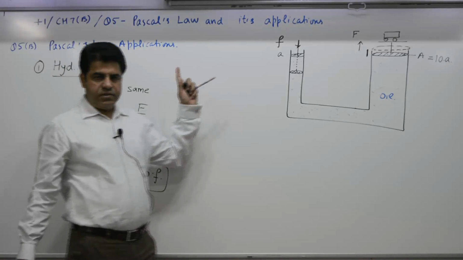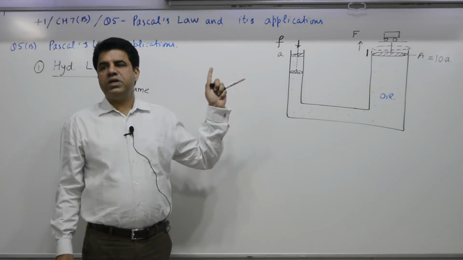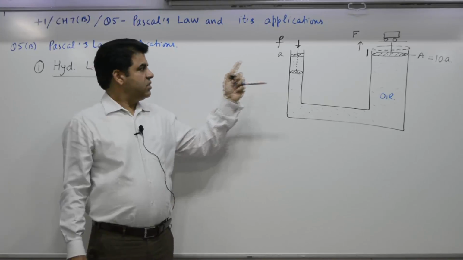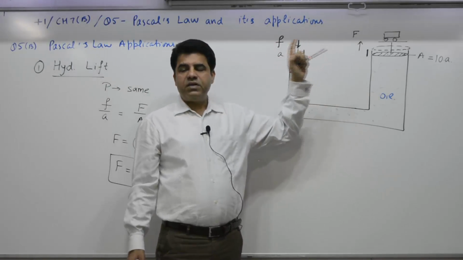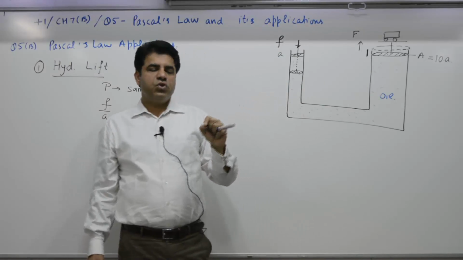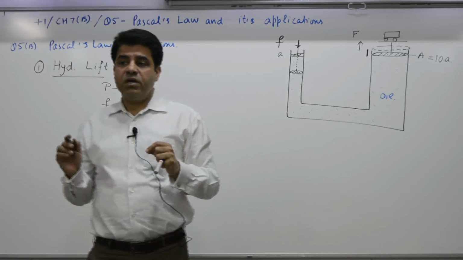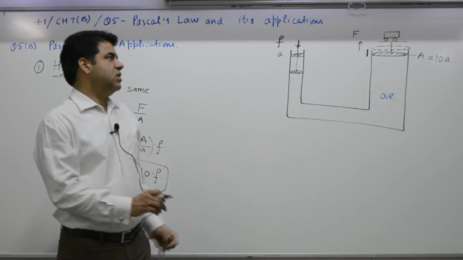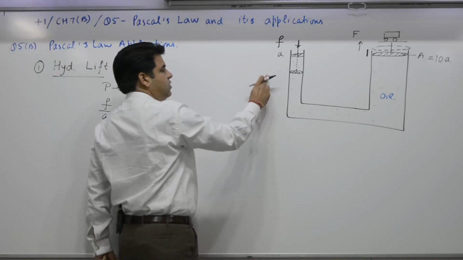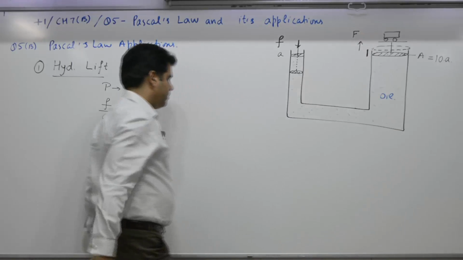So this machine is a force multiplier. The force applied was small f, the force on the other side was capital F. It was how many times? 10 times. So if 10 persons are required to lift a car, using this machine one person is sufficient to lift this car. This is one.